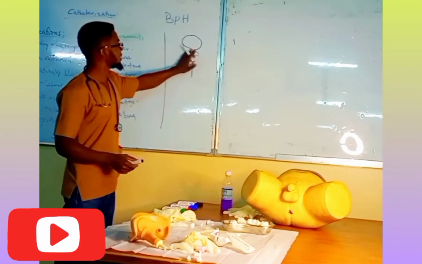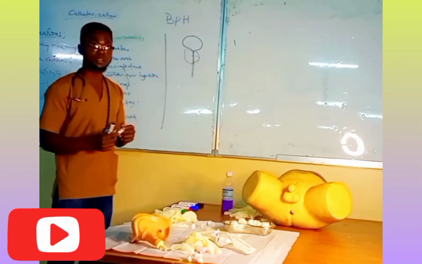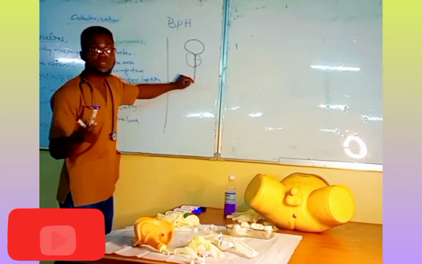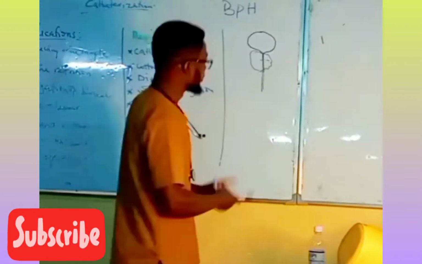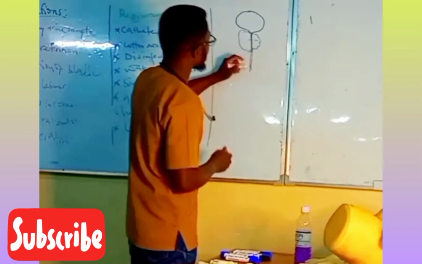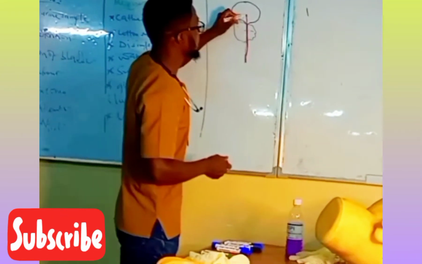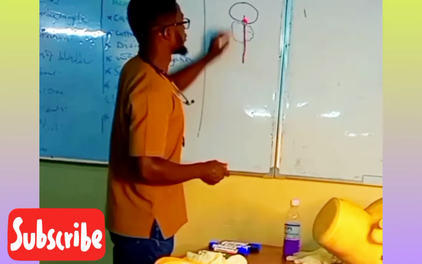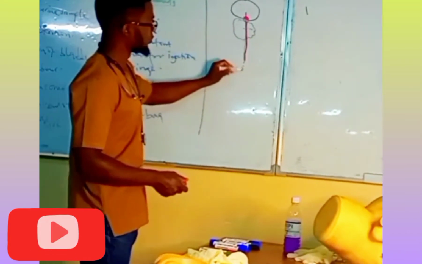So when it enlarges, it is going to be compressing the urethra, because it is passing within it. What will happen? Urine will not be moving from the bladder down to be urinated. So this is our balloon, and our urine will be passing through this tube, and it will be going out.